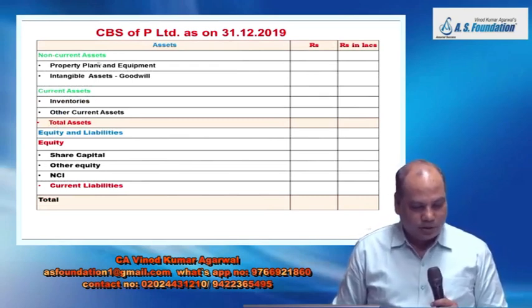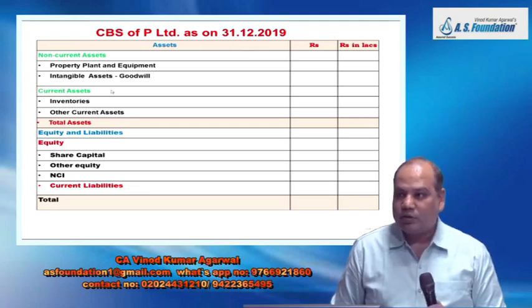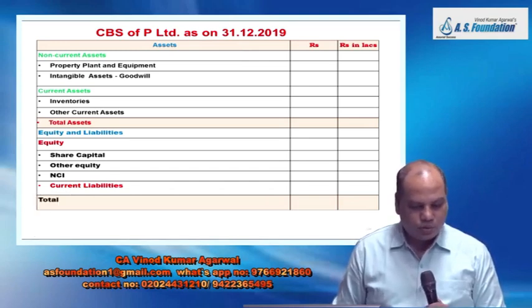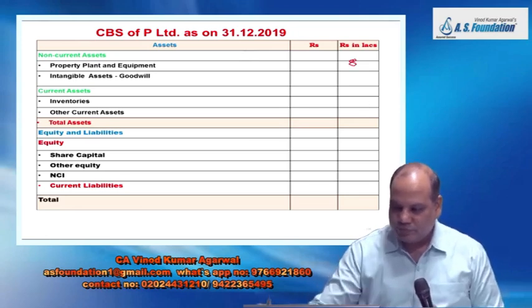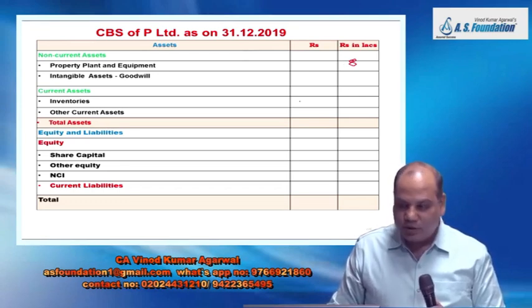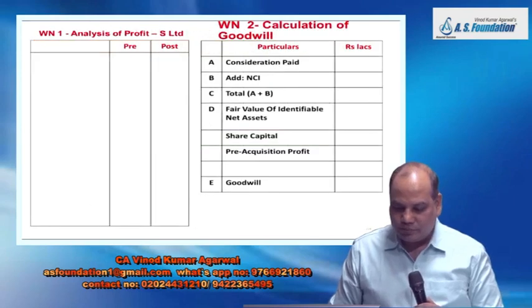Property, plant, equipment. Is there any adjustment in property, plant, equipment? No. Take on your calculator, 6 plus 2. Is it 8? Very good. Investment in S Limited. Goodwill working note.